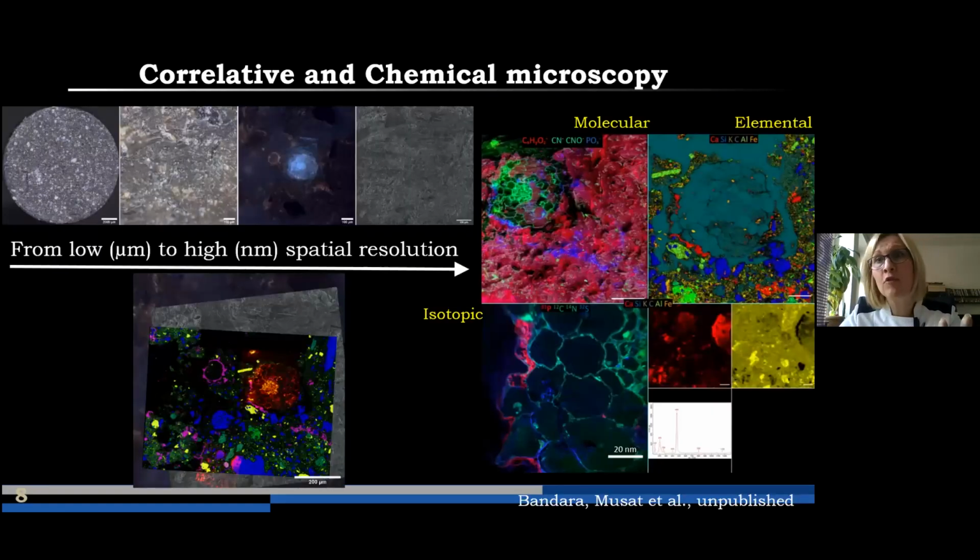And now I will give you an example of what correlative and chemical microscopy is, for you to understand which type of information you can receive when you analyze a sample. And I chose again to give you a sample from the soil. So I start showing from the left side, it is a piece of so-called rhizosphere soil. That means it's the soil surrounding a root.